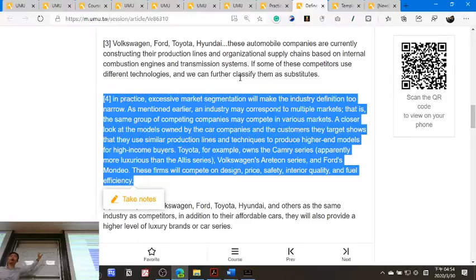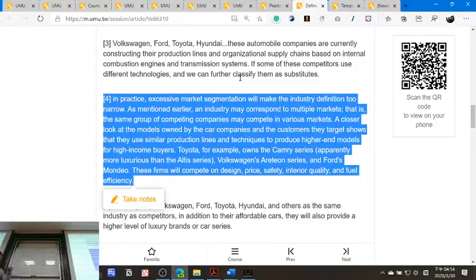They satisfy this market. But we know that these brands also can easily switch their product lines to serve the high-end market. And they exactly use the same manufacturing process and almost 80% similar components to make the high-end cars.